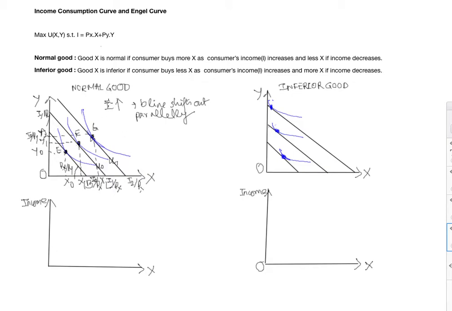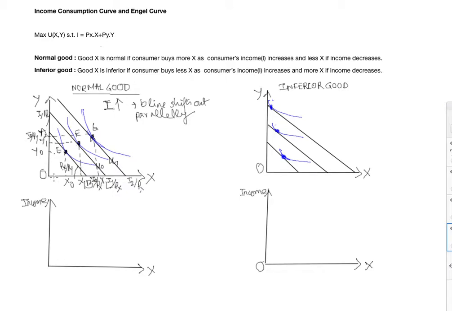And by income, I mean nominal income I, that is, the monthly salary or monthly wages of the consumer. When that increases, this is how we show what happens to the consumer's consumption bundles if he or she is maximizing utility given the budget constraint, for a normal good.